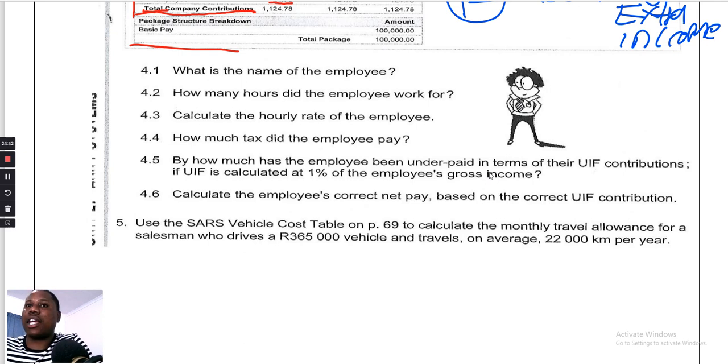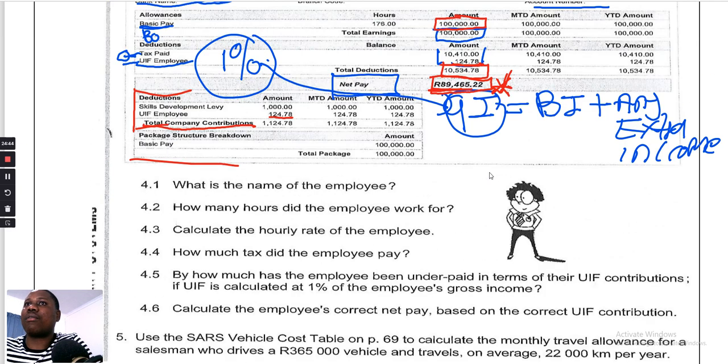If you check, the UIF already is calculated for this person, but it means this UIF is not correct. So already they are telling you that it is underpaid. So you must calculate the correct UIF.